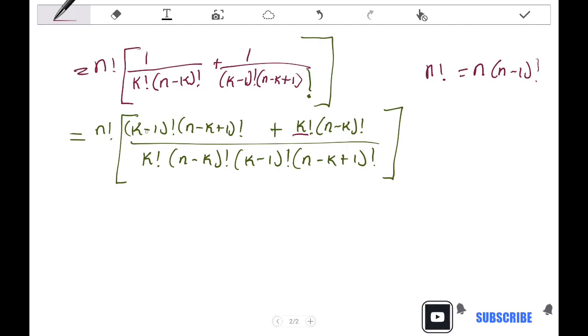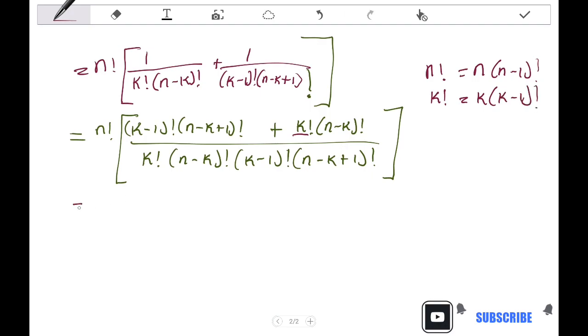So if we can change this k to k minus 1, then we can have a common factor, like k factorial is the same as k open bracket k minus 1 factorial.